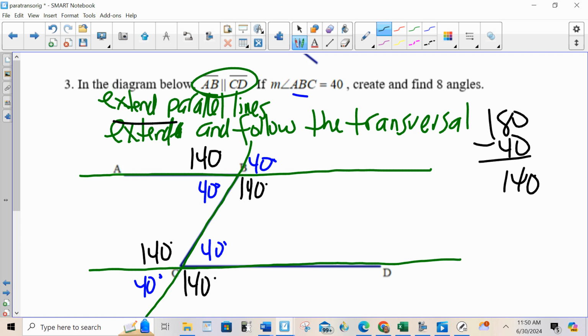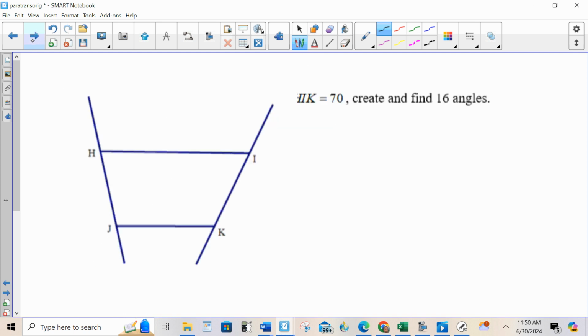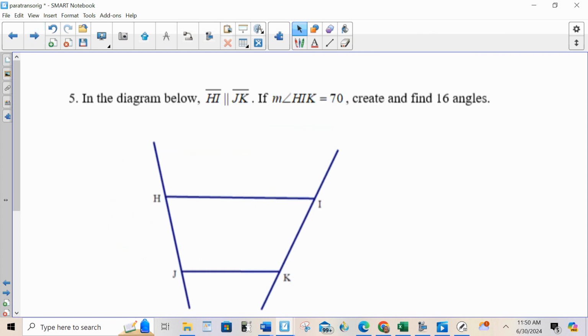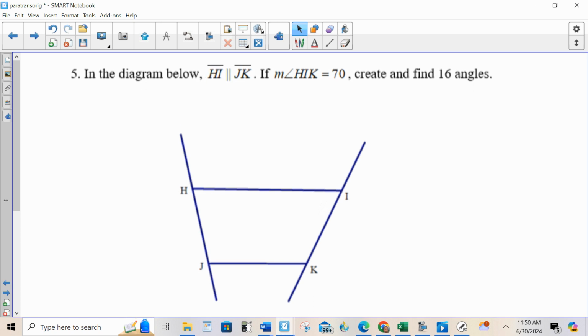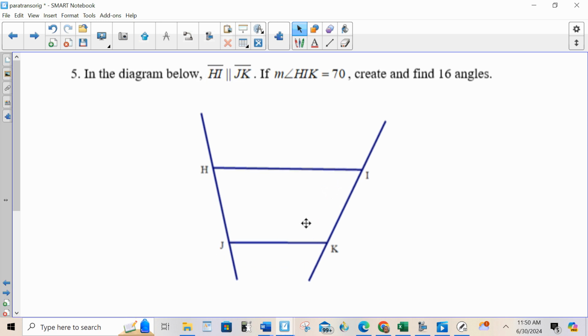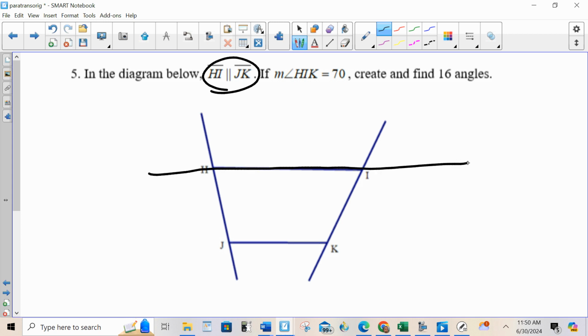So extend your parallel lines, extend and follow the transversal. That comes into play more so here. This is where students will start making mistakes if they don't follow the transversal. I see parallel. Extend your parallel lines. Extend and follow your transversal.